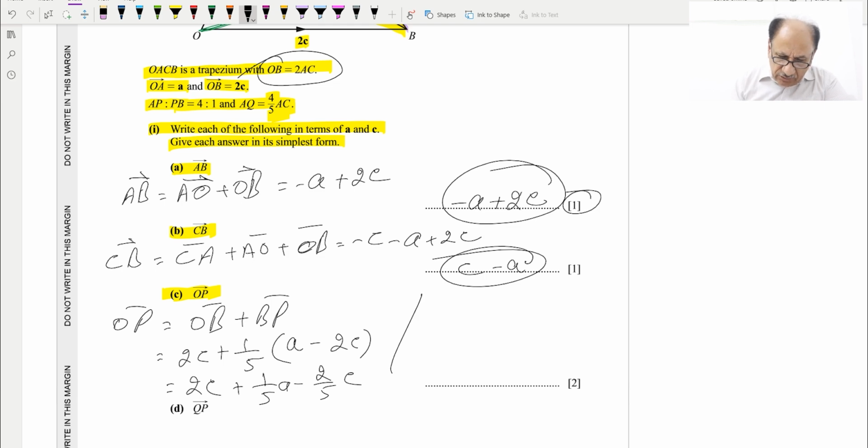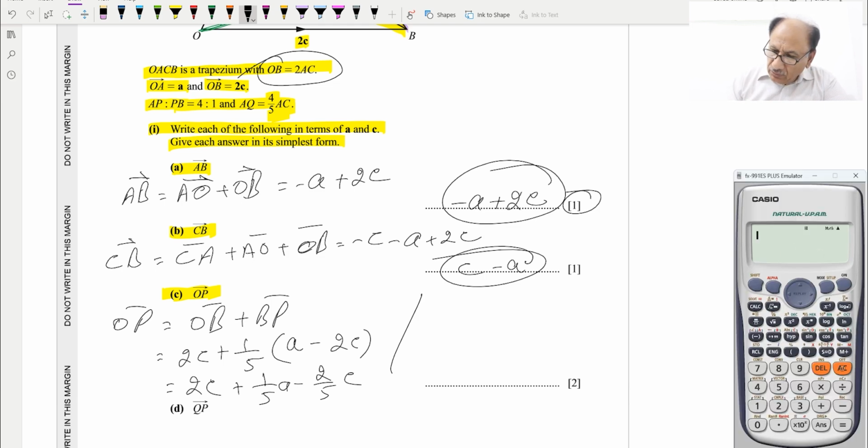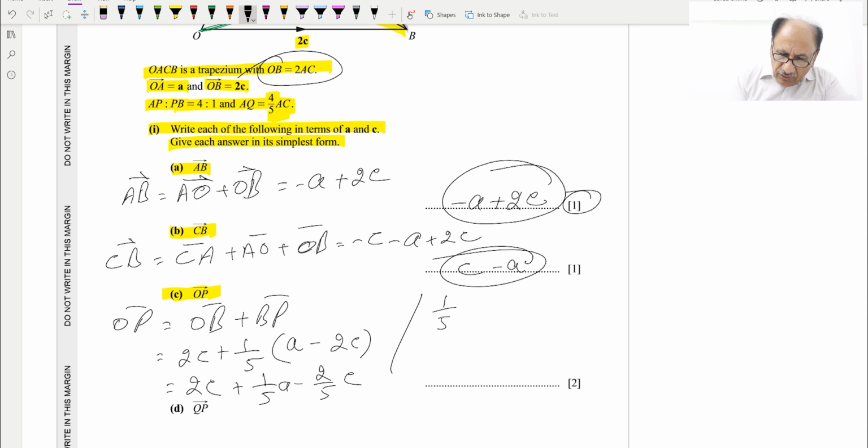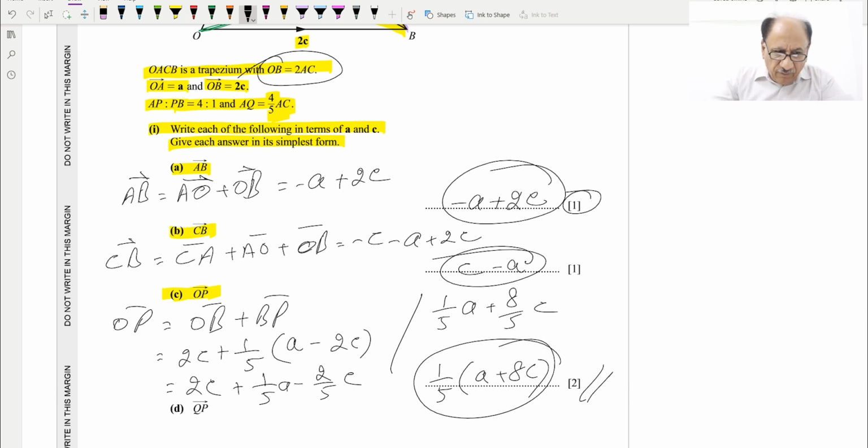Further we can simplify 2 minus 2 over 5, which will be equal to 8 by 5. So we can write 1 by 5A plus 8 by 5C. That will be our final answer. Even we can take 1 by 5 common, so writing A plus 8C outside. This will be the final answer for 2 marks.